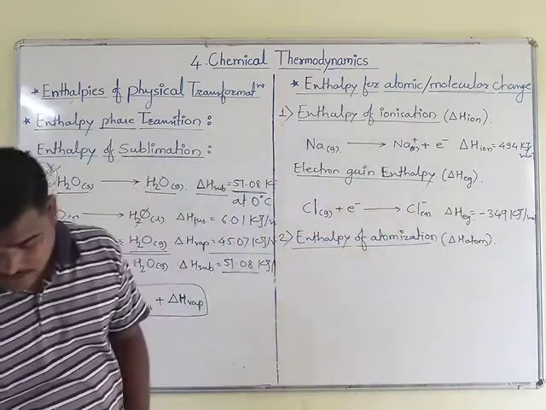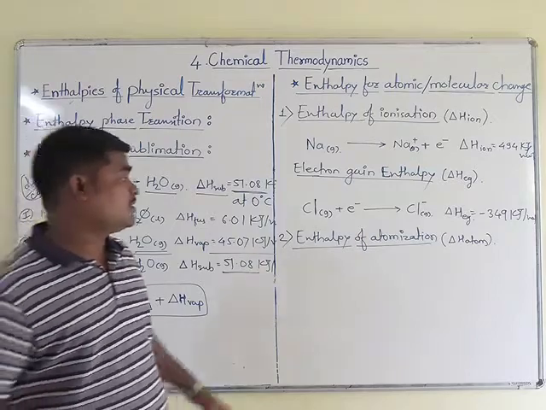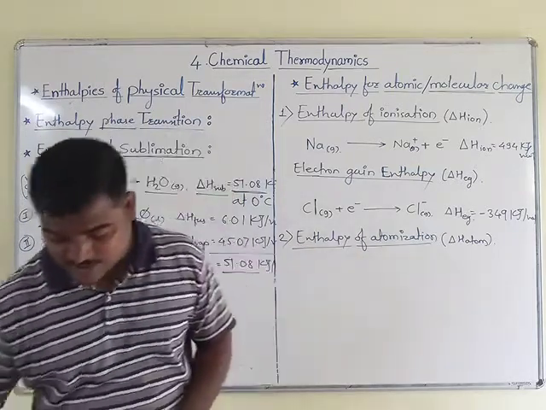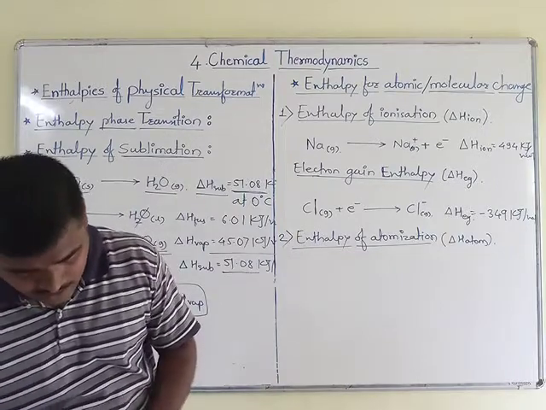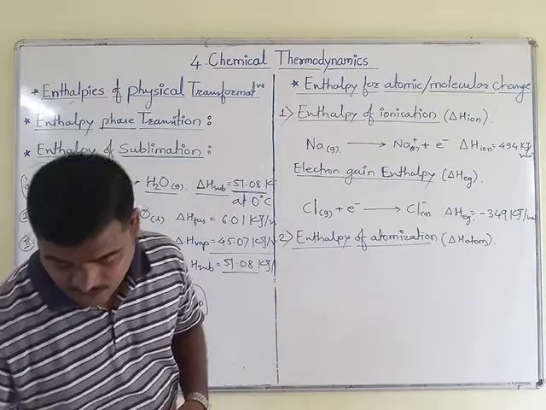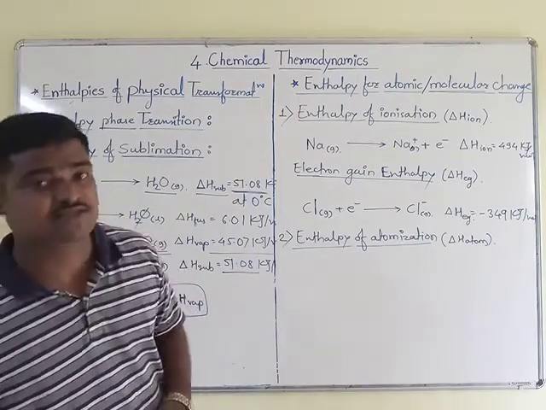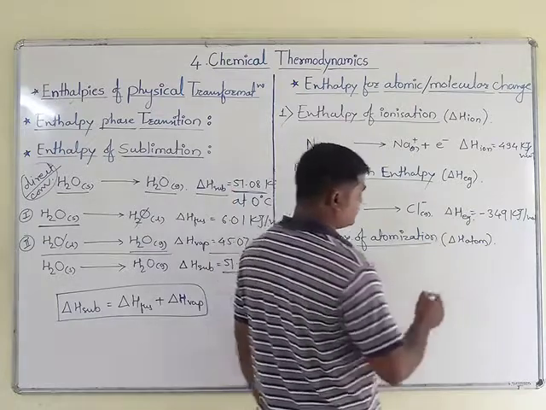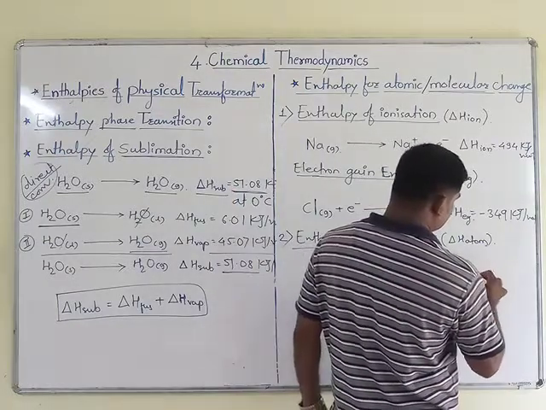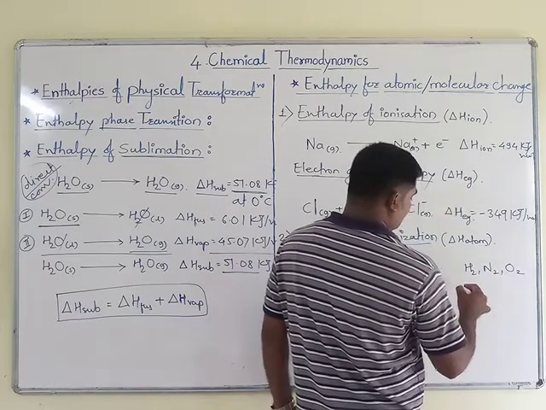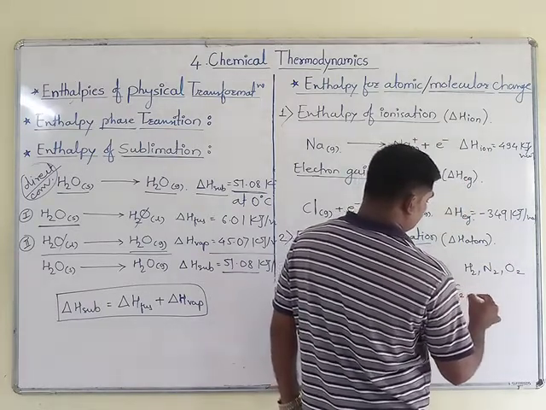Okay. So how can we define this enthalpy of atomization? Enthalpy of atomization is the enthalpy change accompanying the dissociation of one mole of gaseous substance into its corresponding atoms. All of you know the different examples of diatomic gases: H2, N2, O2, F2.